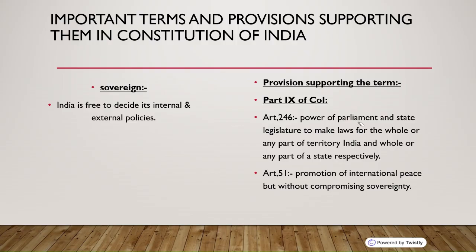Article 51 is promotion of international peace but without compromising sovereignty. There is a responsibility to promote peace on the international stage, but this does not mean that India has to compromise its sovereignty.